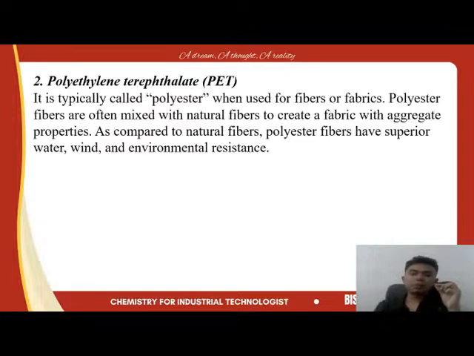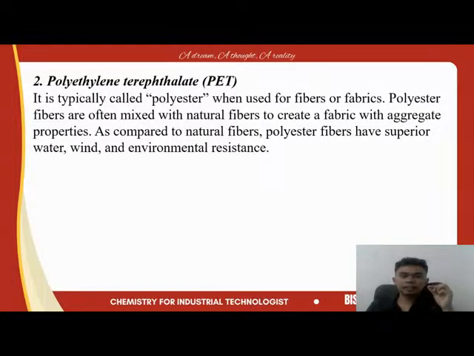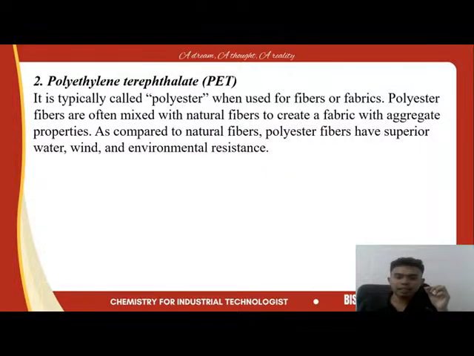Next to polyethylene, we have polyethylene terephthalate. Polyethylene terephthalate is typically called polyester. Familiar with polyester? It is called polyester when used for fibers or fabrics. Polyester fibers are often mixed with natural fibers to create a fabric with aggregate properties.